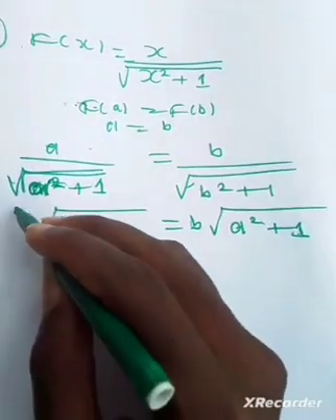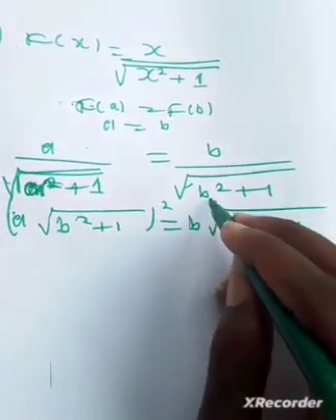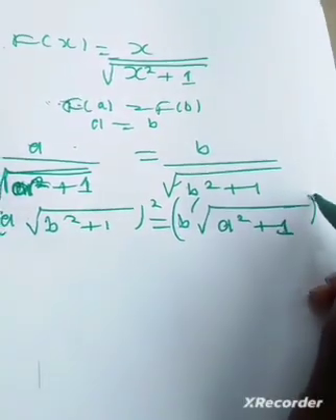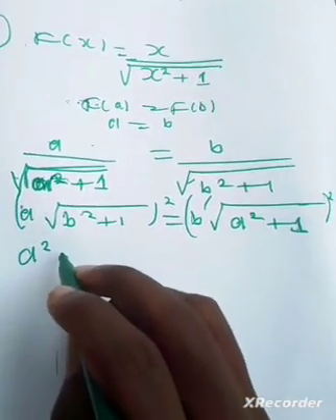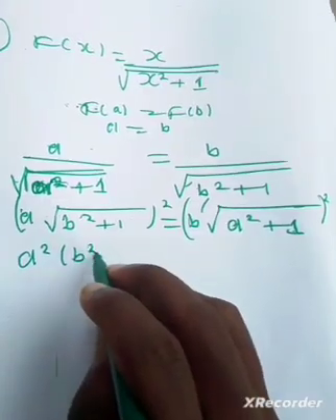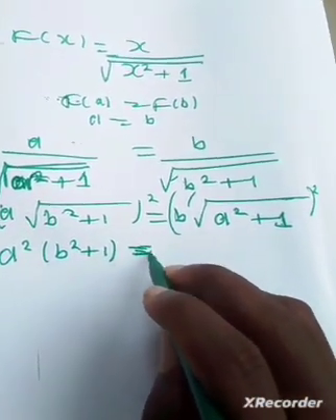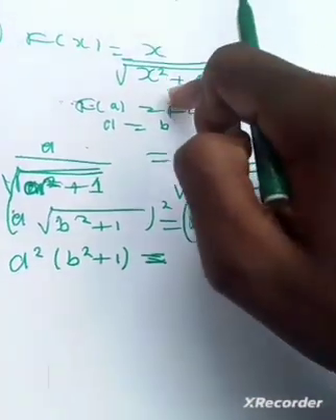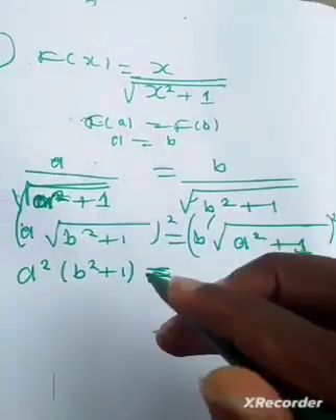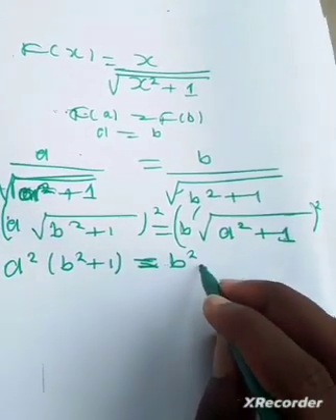Okay, so let me raise both sides to the power of 2 to get rid of the square roots. So I have a power 2 and b power 2 plus 1. Your job is to just simplify, and there are people who have just mastered. So if they see this type, which is having square roots, they will think it's something else. Just get the concept in math if you want to be good at math.